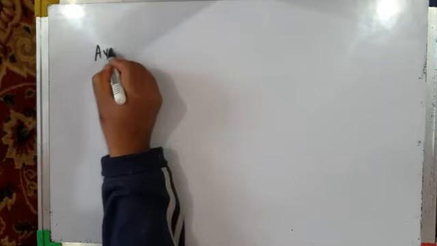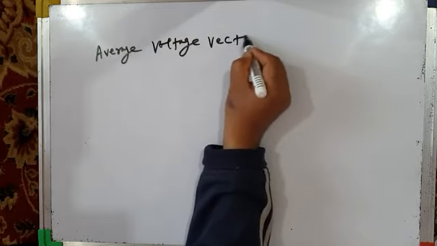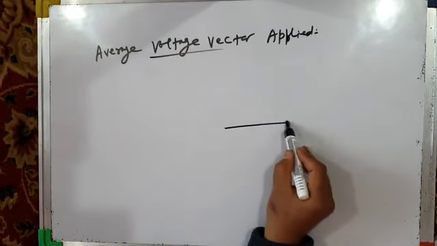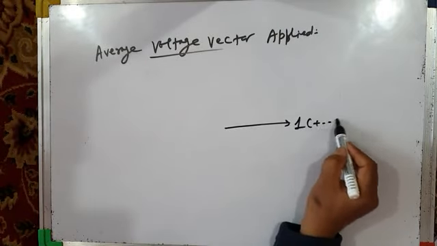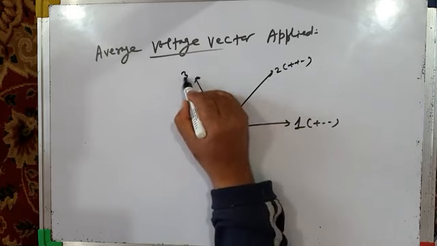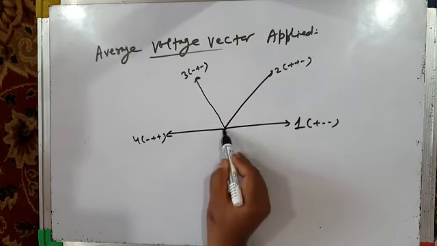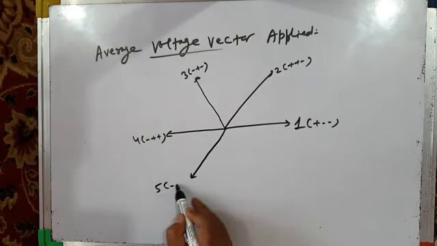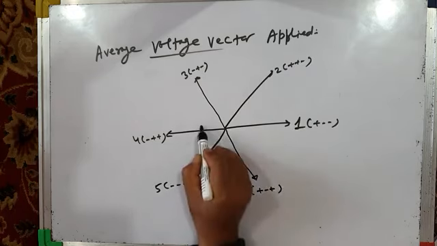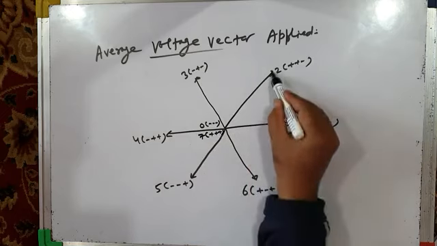So average voltage vector applied across the load: active vector 1, active vector 2, active vector 3, active vector 4, active vector 5 with switching sequence minus minus plus, and active vector 6 plus minus plus, null vector 0 with switching sequence minus minus minus, and null vector 7 plus plus plus. This is our hexagon.